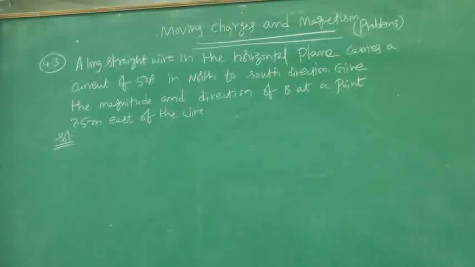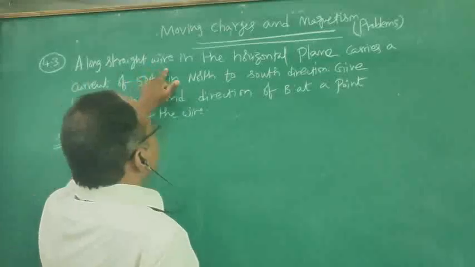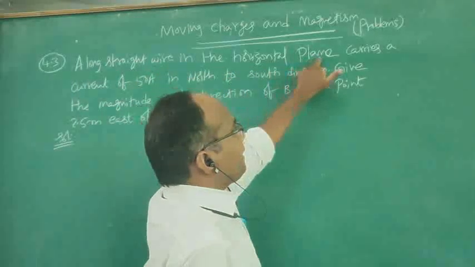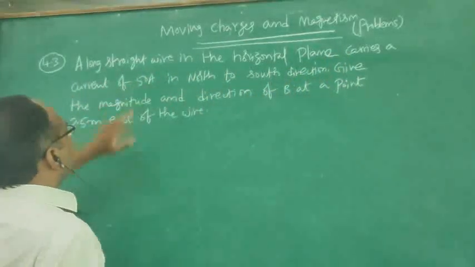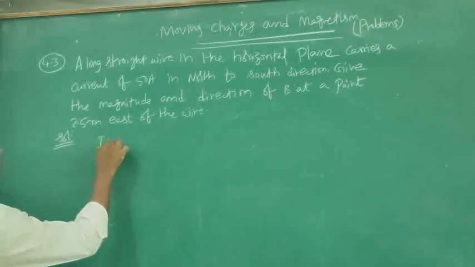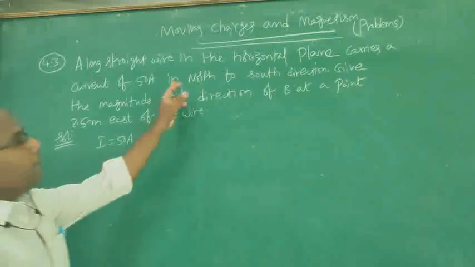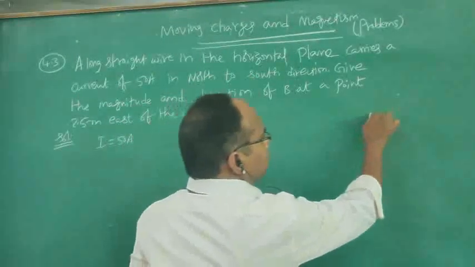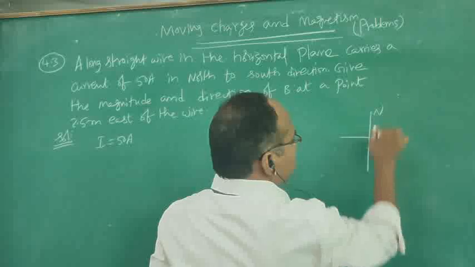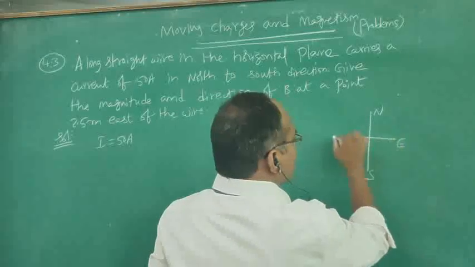Now coming to the third problem. A long straight wire in the horizontal plane carries a current of 50 ampere, in the north to south direction. This is north, south, east, west.